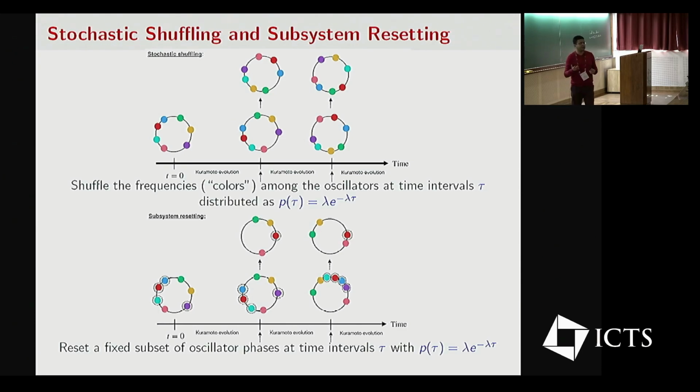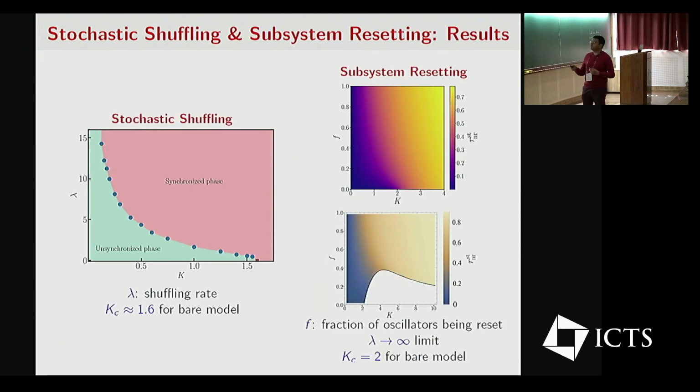Here I don't do that. I reset only a chosen subset of the degrees of freedom to their initial values, and I keep doing it. And as you will see, this leads to interesting consequences on the steady state features as well as on the dynamical aspects of it. So let's first come to stochastic shuffling.